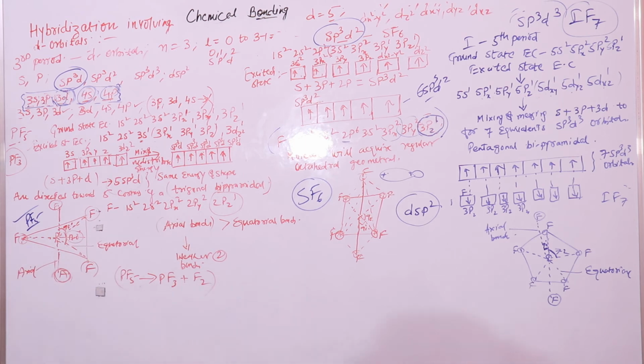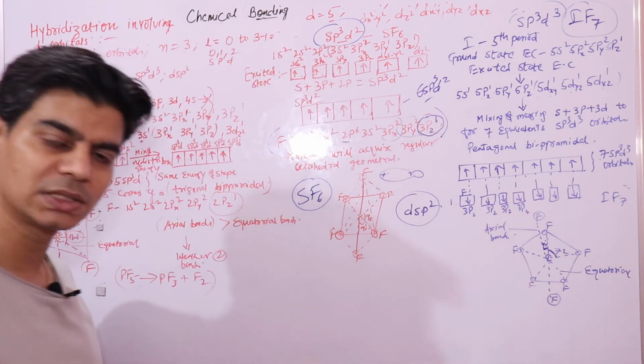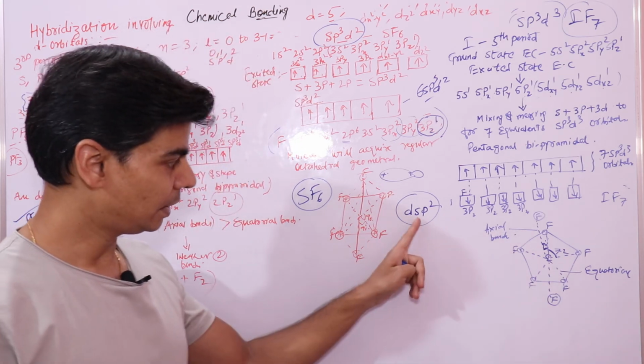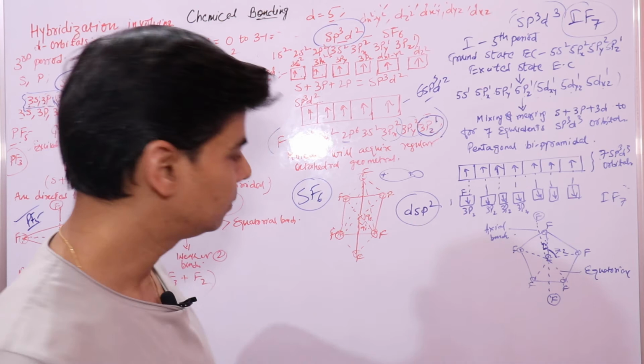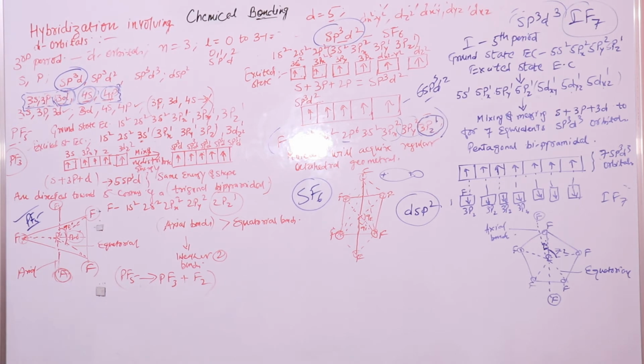So we would be looking into this over here. Here the d orbital would be of a lower shell, and the s and p orbitals would be of a higher shell in dsp2 hybridization. You just have to remember this, right. And the example for this is nickel tetracyanide, Ni(CN)4 to the power of 2-, right.